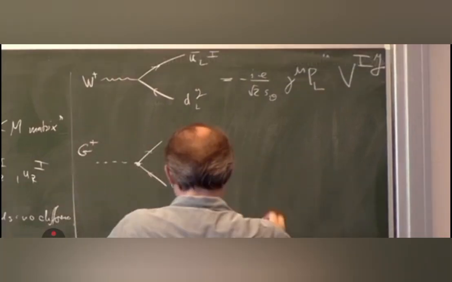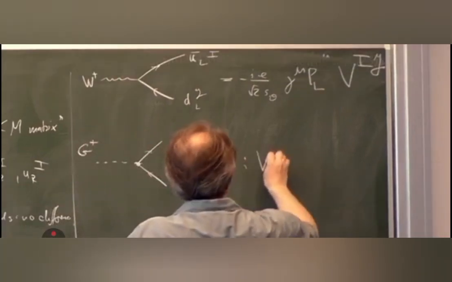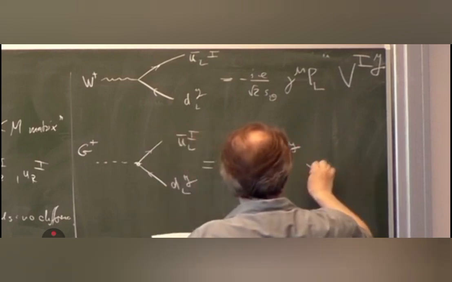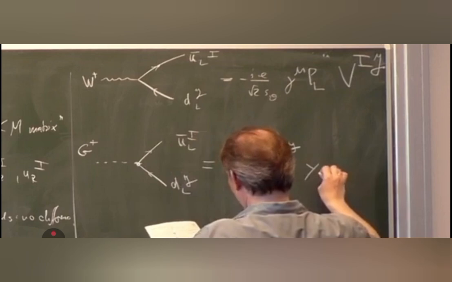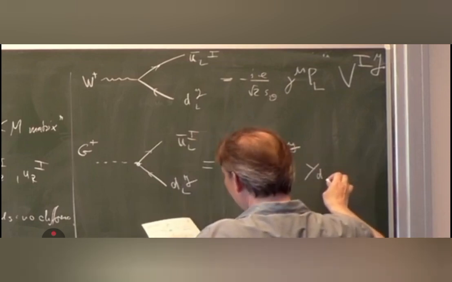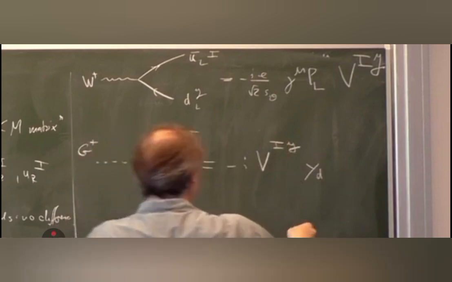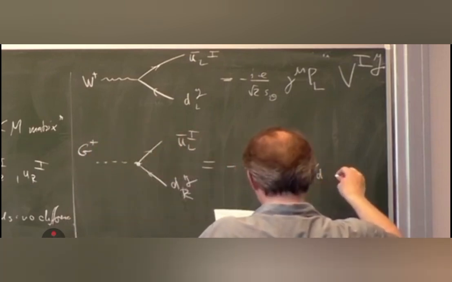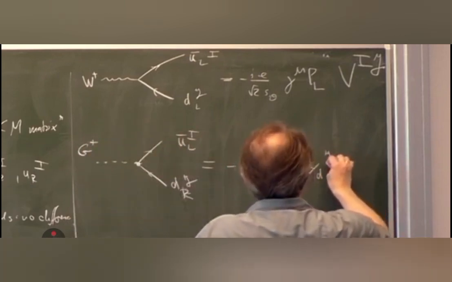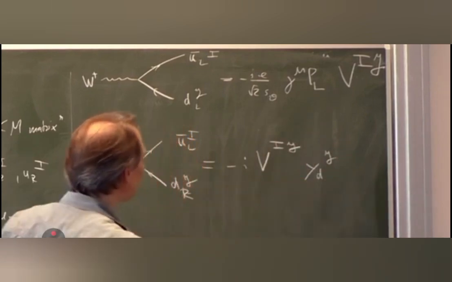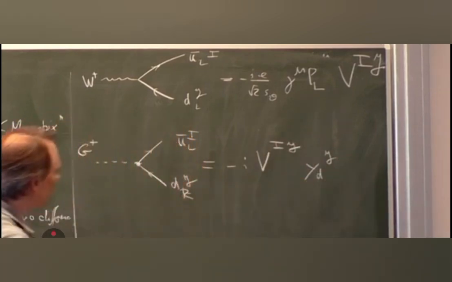So that is the following: minus i times the CKM matrix V ij times the down-type Yukawa. Here there is a right-handed down-type quark. Then we have here the down-type Yukawa coupling j. That was of course diagonal. Therefore there is just one single index multiplied with the CKM matrix.